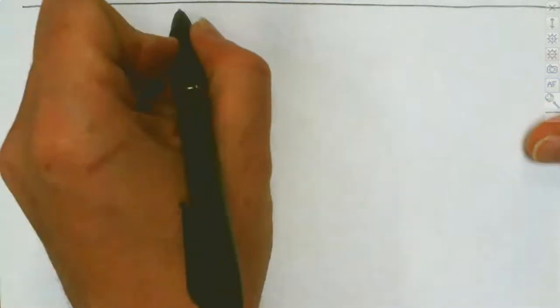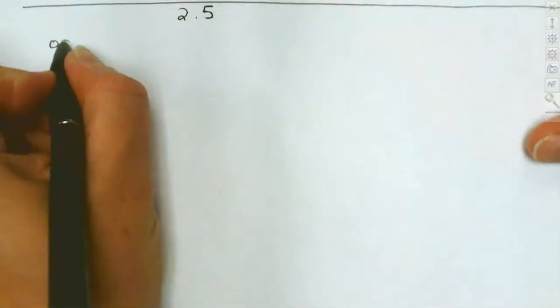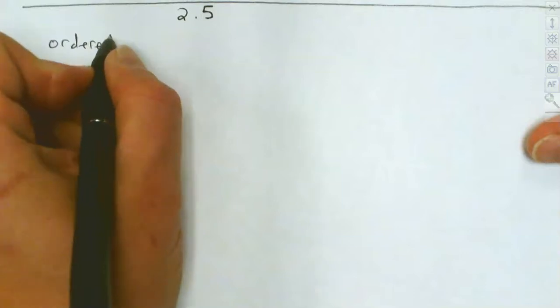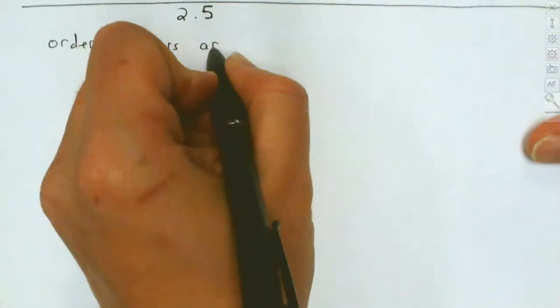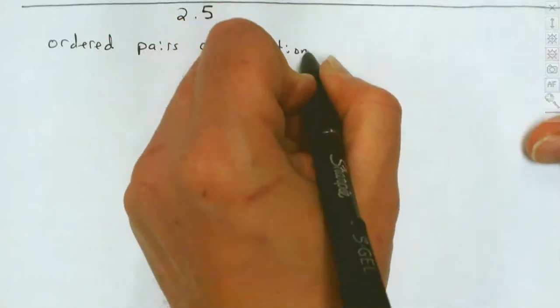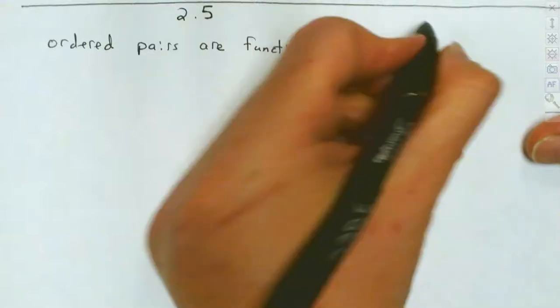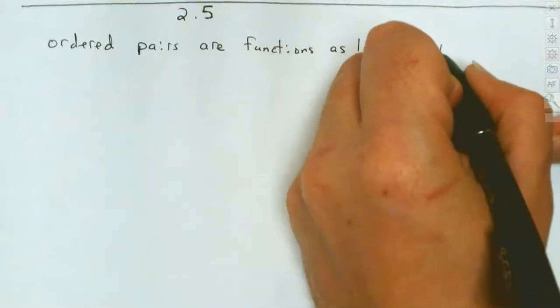Okay, so how do we know if something's a function or not? Well, when we look at ordered pairs, and this is 2.5, ordered pairs are functions as long as all the x values are different.